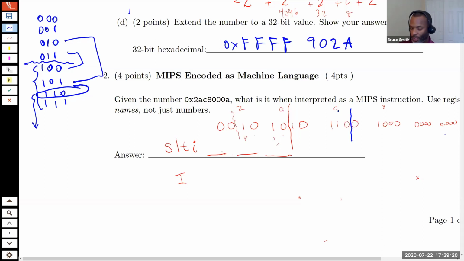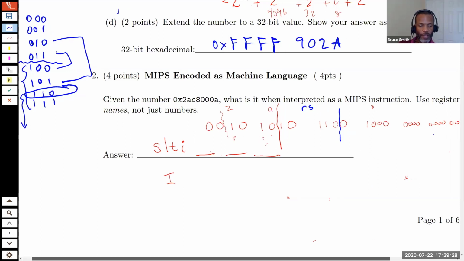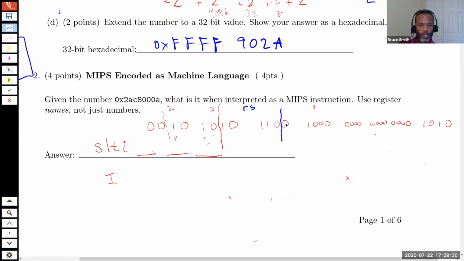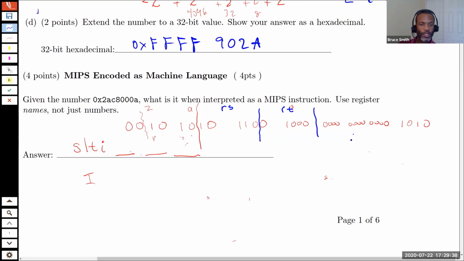So now I know what this particular register index, this register value is. And if I go 1, 2, 3, 4, 5, I have another register. And then everything else, let's see, 4, 4, 4, and 4. Those are the 16 bits that represent the immediate value.